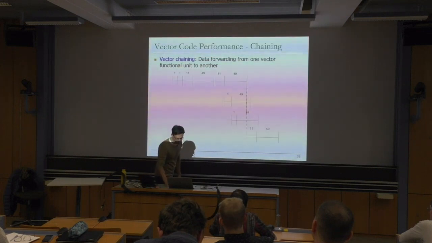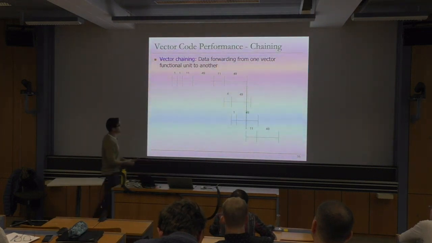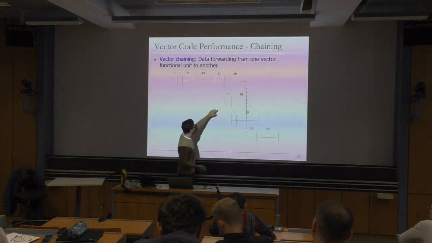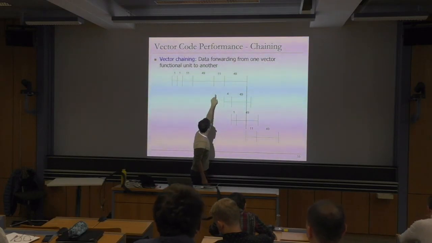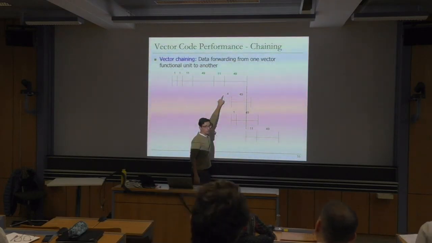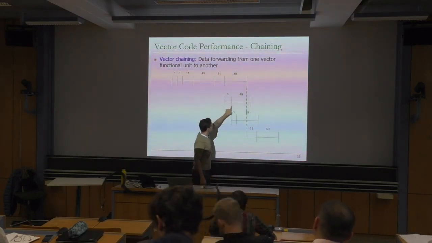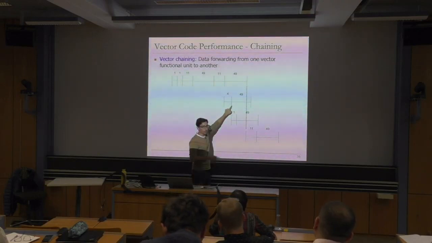So this is chaining. If we apply chaining to our element-wise average program, what we could do is exactly what I was telling you. Right after obtaining B0 from memory, we can start the computation of the addition for A0 plus B0.